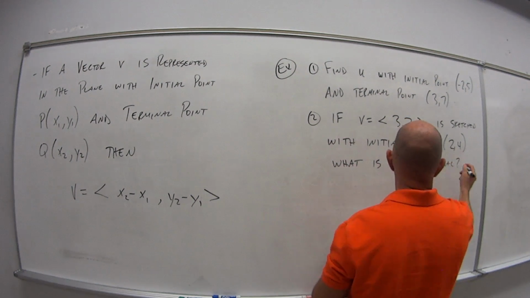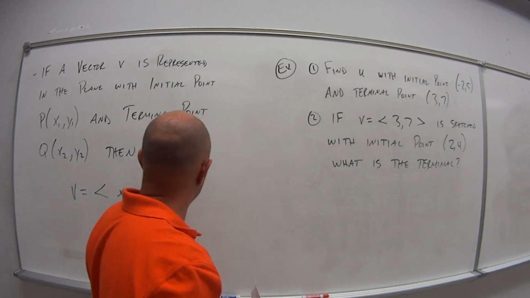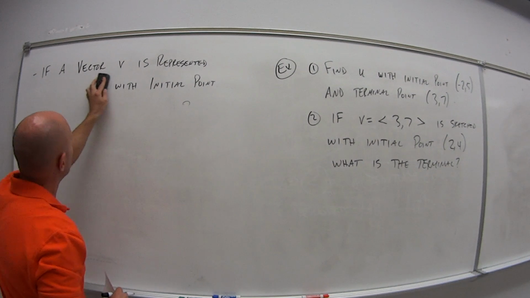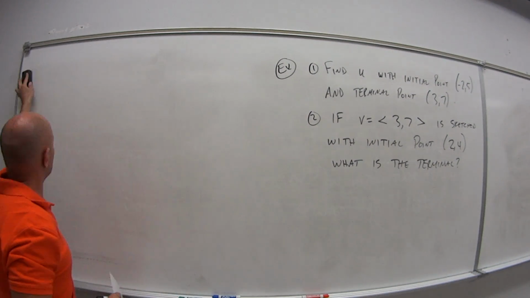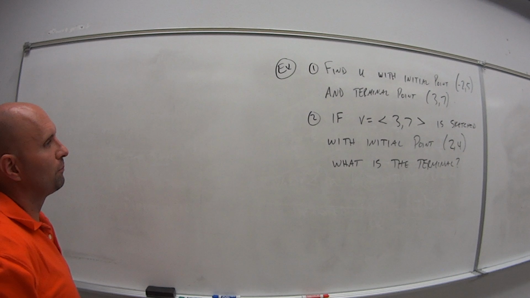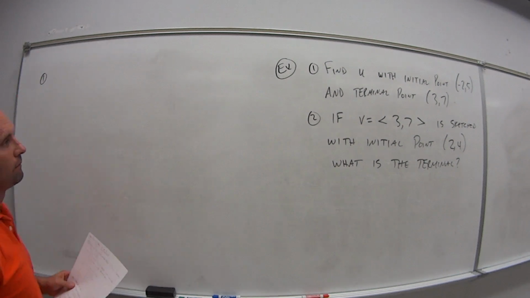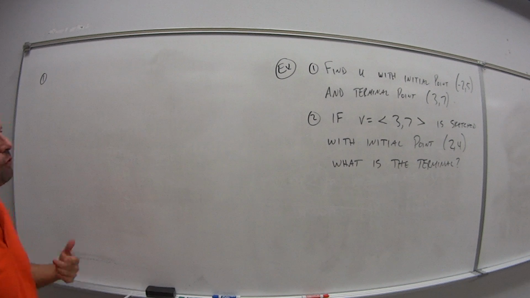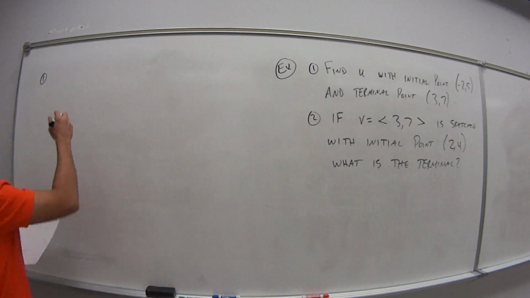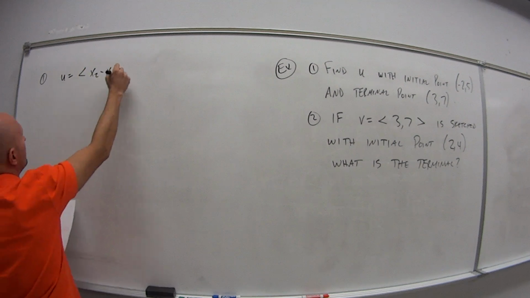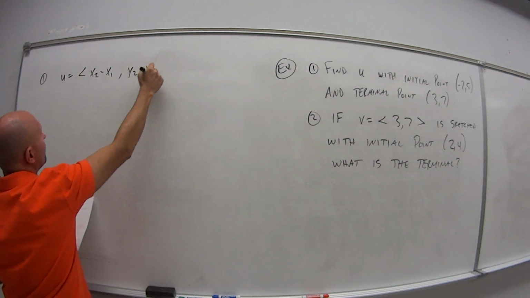So two different kinds of questions testing the same sort of concept, this vector idea of my movement A, B within a plane. So let's solve number 1 to begin with. We want to find the vector u, which in this case is going to be x2 minus x1, y2 minus y1.